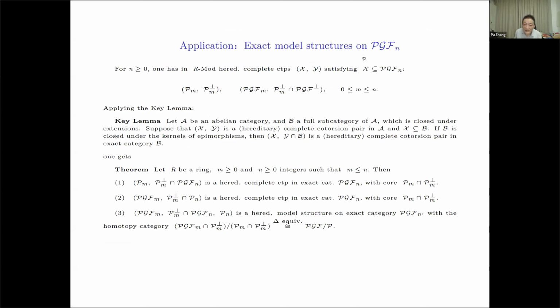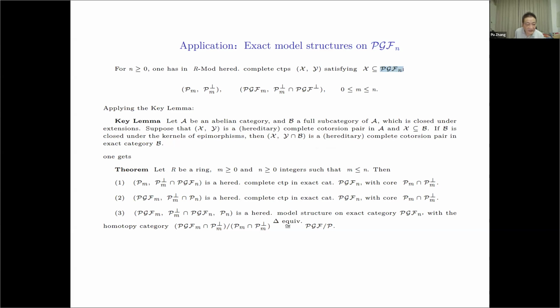So for example, in PGF_N, this is the class of modules such that the PGF dimension is not bigger than N. This is an exact category. Now, as you may see, we have this hereditary complete cotorsion pair (X, Y) such that X is in PGF_N.